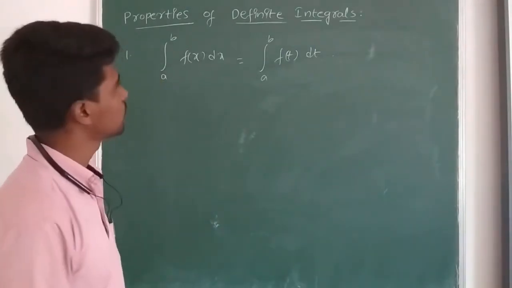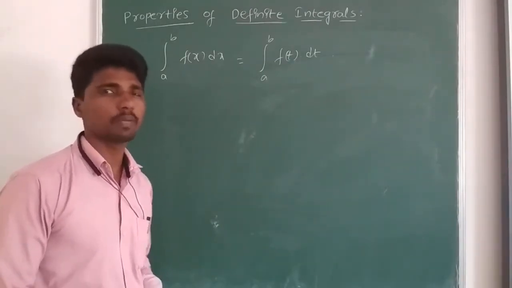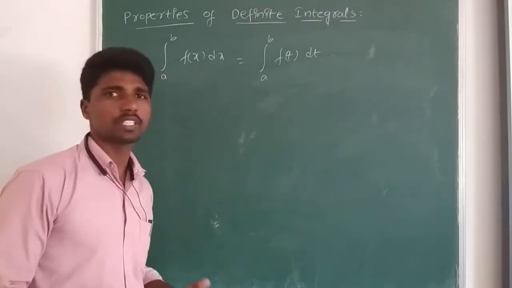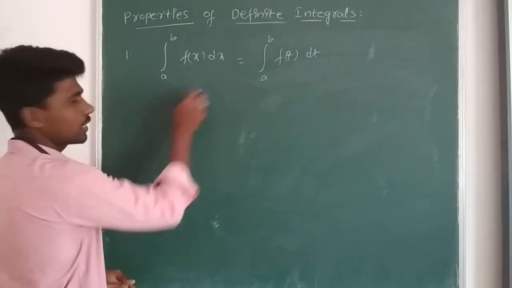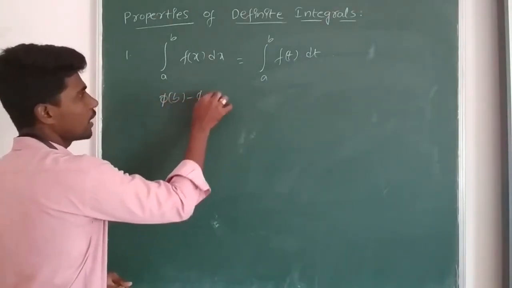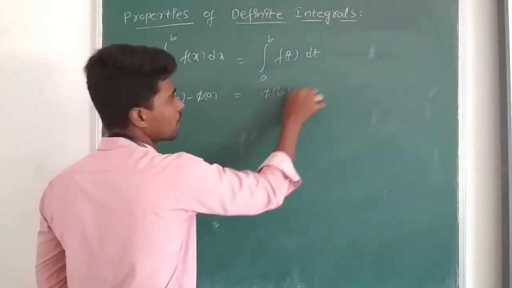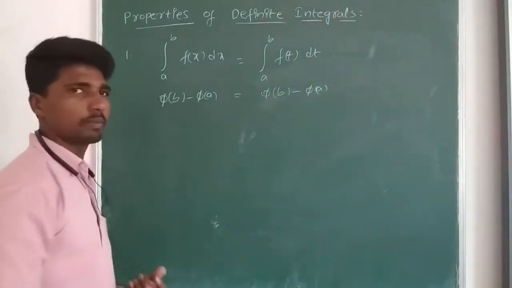We call the variable a dummy variable. Why? Because we can put in any variable and the value never changes. It depends only on the limits. The value of the integral from a to b of f of x dx is equal to phi of b minus phi of a. The same phi of b minus phi of a, so no change. It does not depend on the variable.